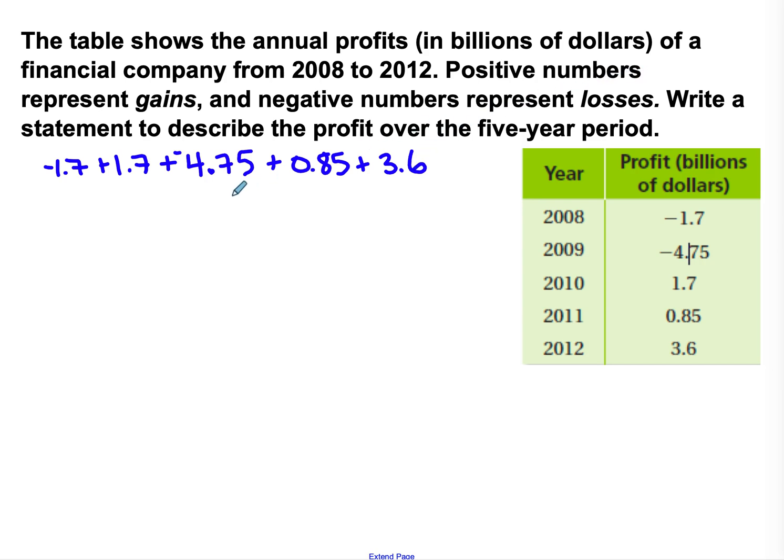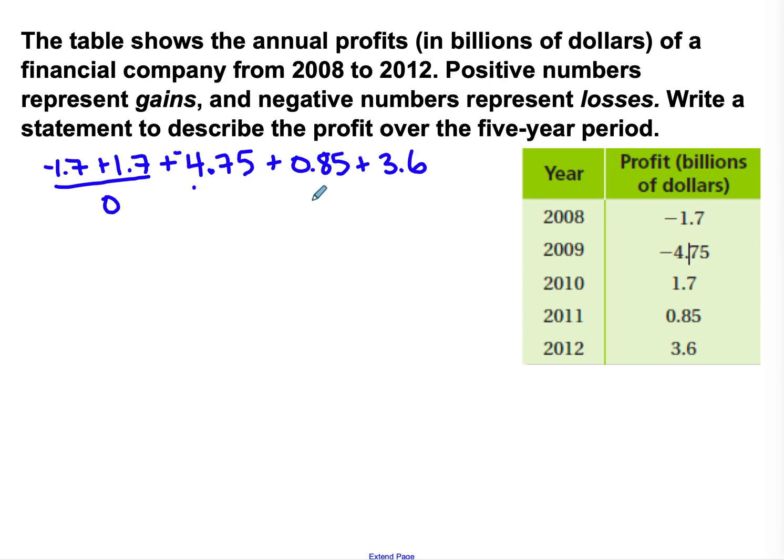Okay, you might have noticed I wrote it out horizontally like we saw in our problems in the last section. Since we've got so many numbers, we can only look at 2 at a time anyway. 1 and 7/10 plus 1 and 7/10, those are inverses, they equal 0. So I'm now going to move over to these numbers.